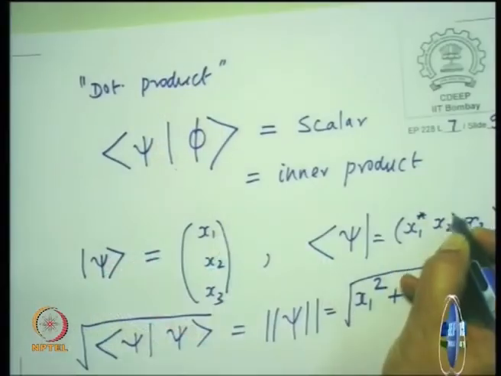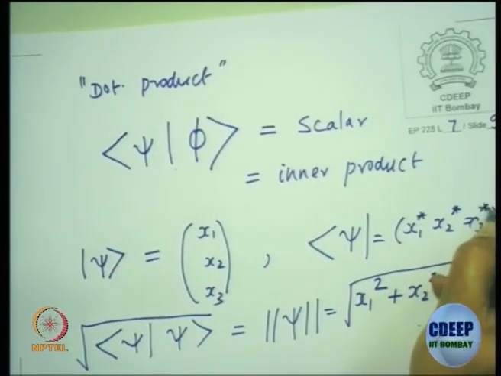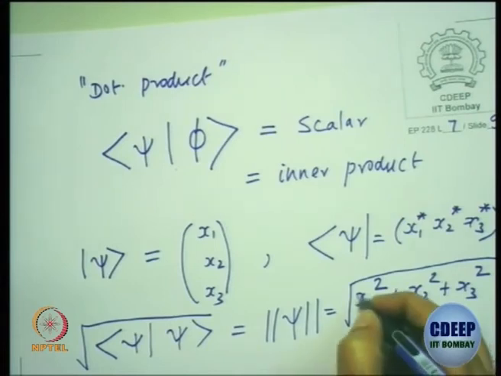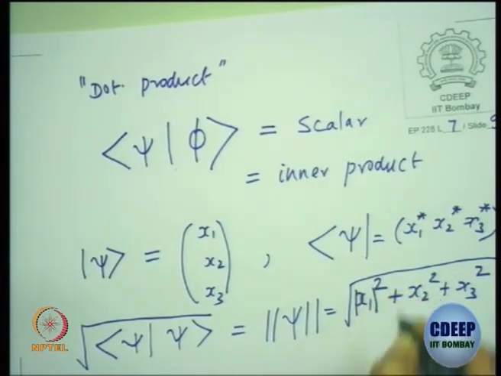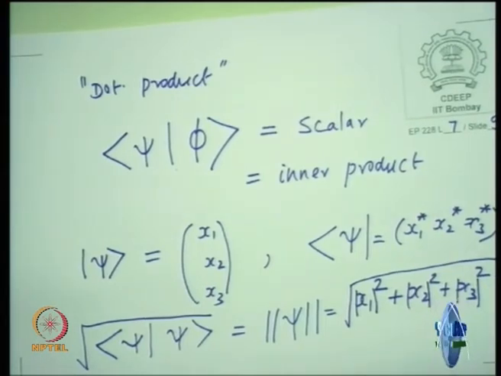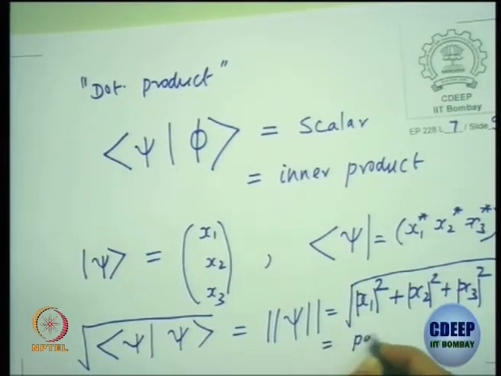So when I go to this dual space, in principle I should take the complex conjugate, correct? If I do that, then this will be mod x1 squared, mod x2 squared and mod x3 squared. Then this will be positive.